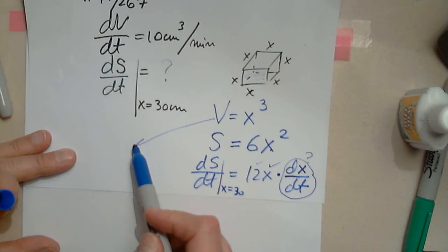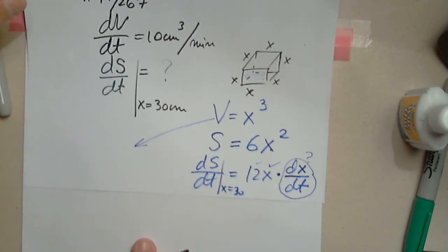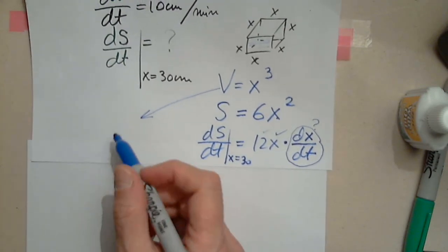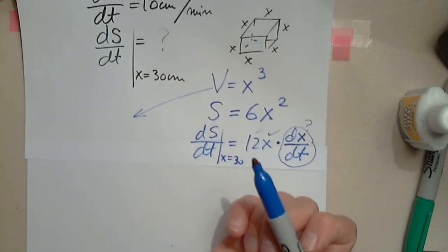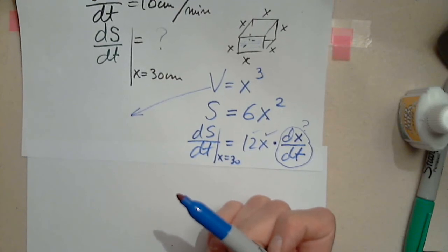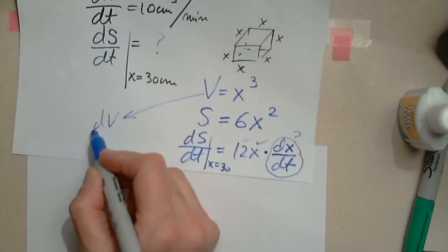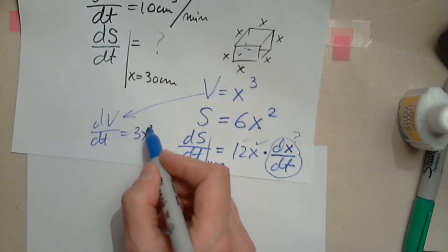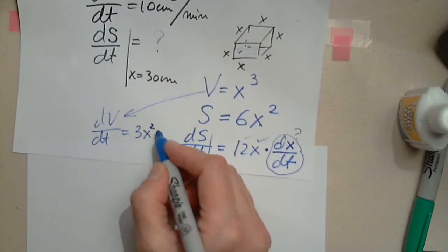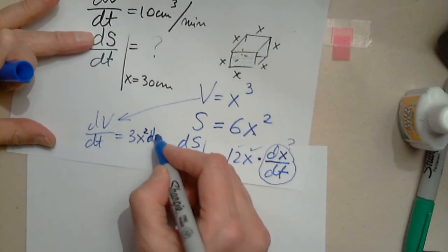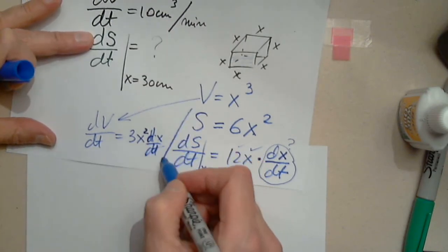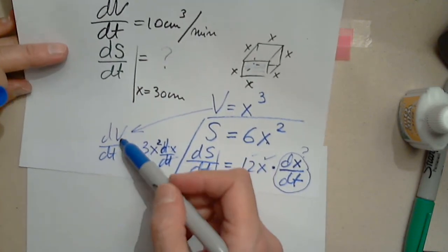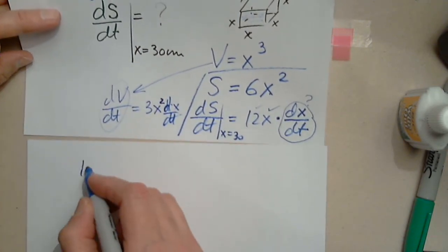But let's differentiate the volume, the equation of the volume both sides. What do we get? So dV over dt equals 3x squared dx over dt. Agreed? I have this, it's 10.